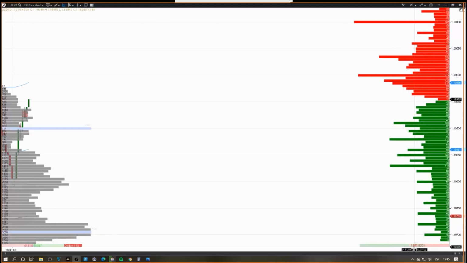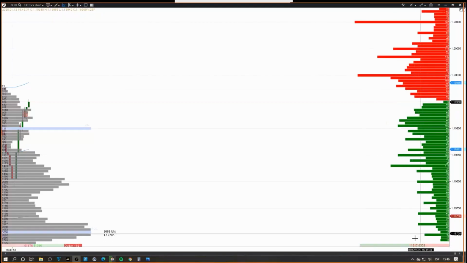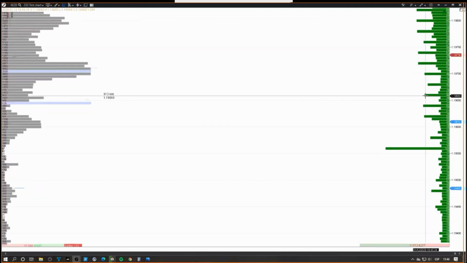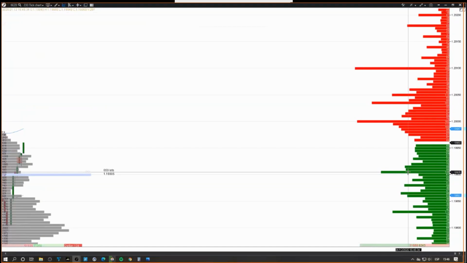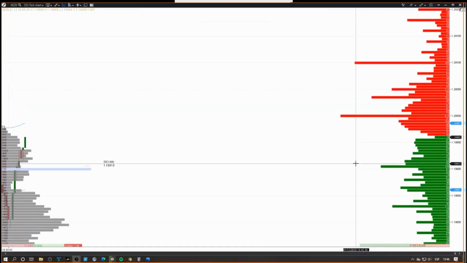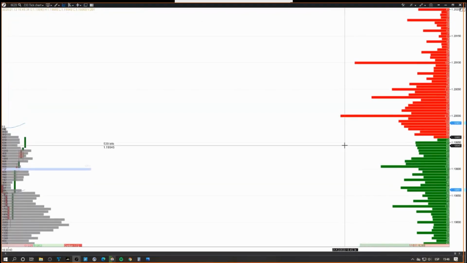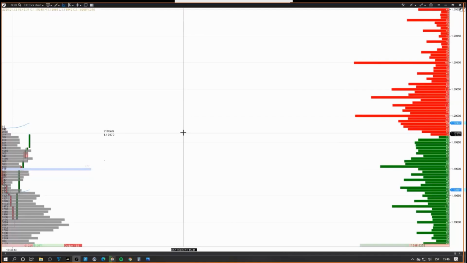We can see there are 11,500 or so lots or contracts on the selling side here, and 6,300 something on the buy side here. In total, in the whole exchange, in this case the CME, the Chicago Mercantile Exchange, which regulates the futures market.